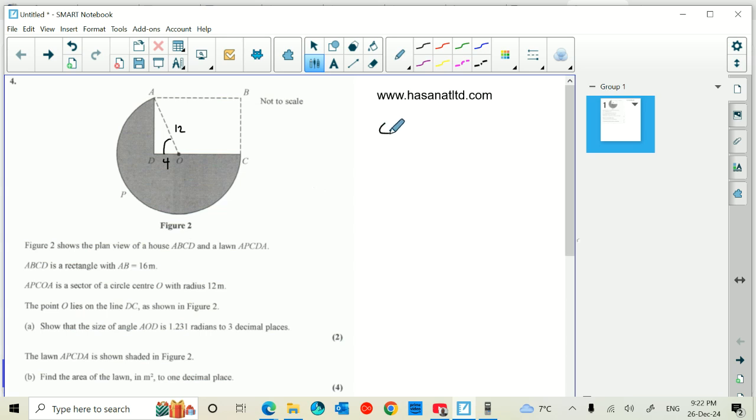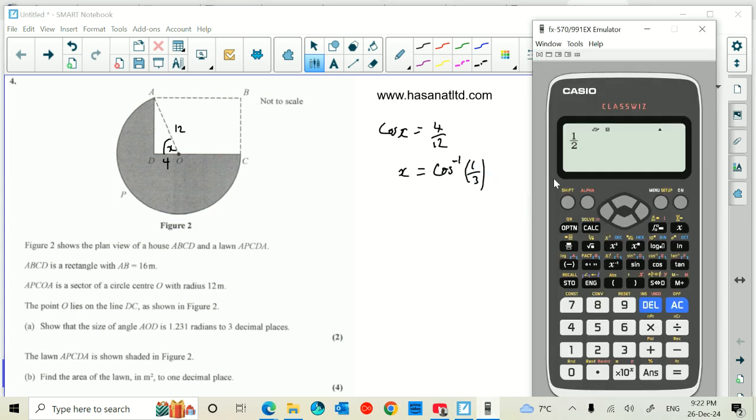So we have the cosine of, let's call this angle x, the cosine of x must be equal to 4 over 12. So x must be equal to the inverse cosine, and we can cancel that down, cos to the minus 1 of a third. We go to our calculator, and we're in radians. Just to make sure, we can do the setup, number 2, and number 2 again for radians.